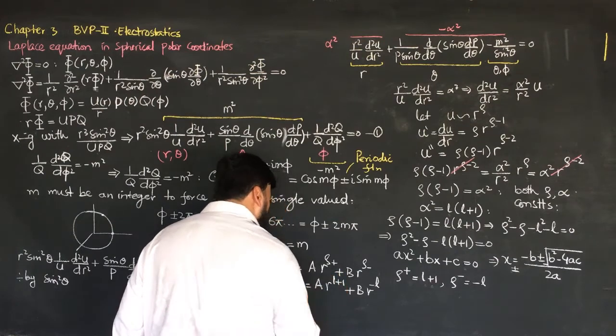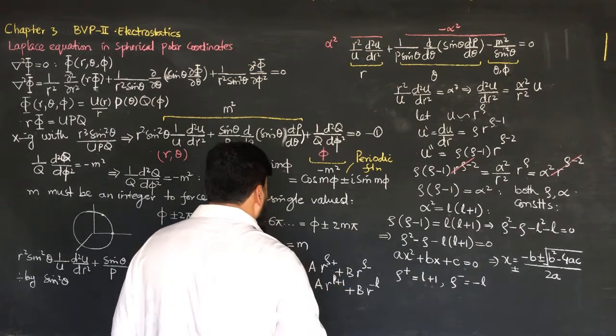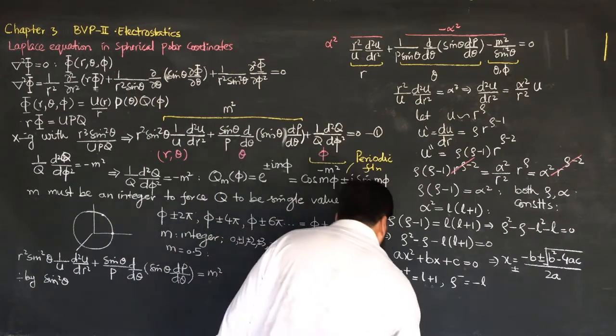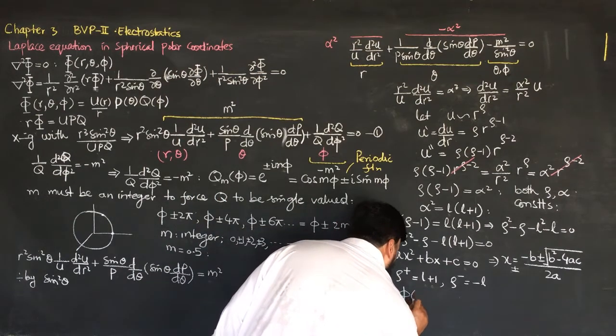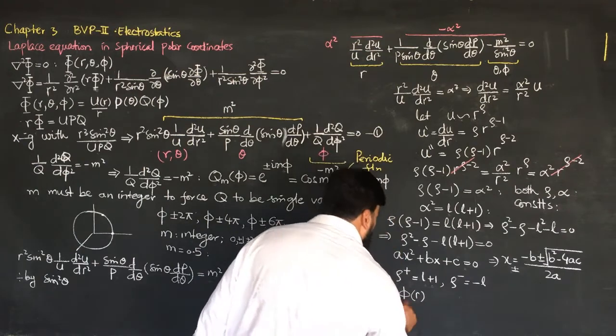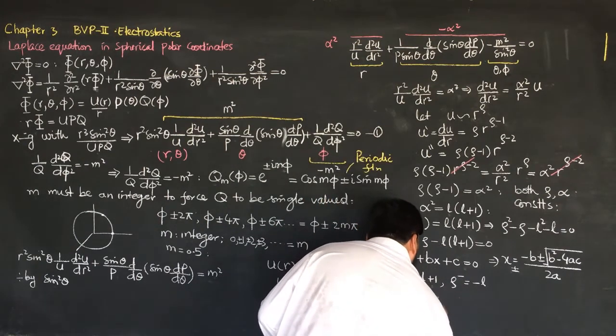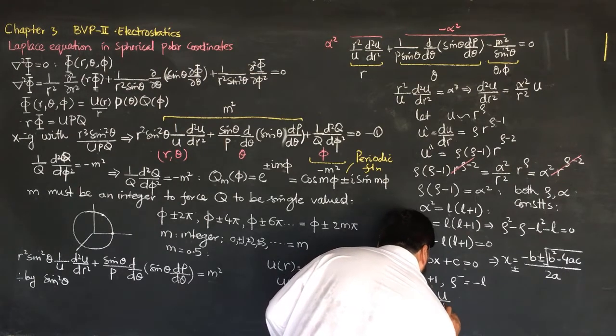Now the phi portion we have written is the phi which was dependent on r. It was actually equal to u over r.